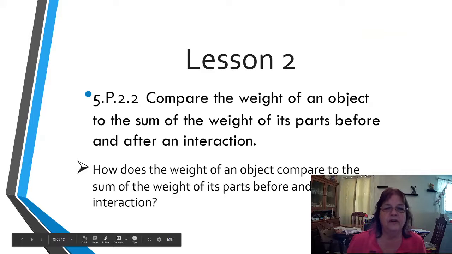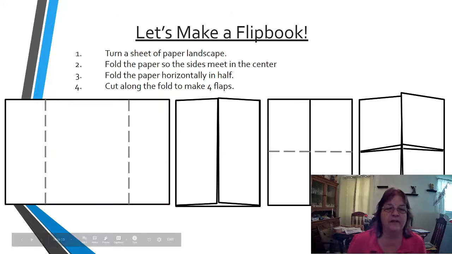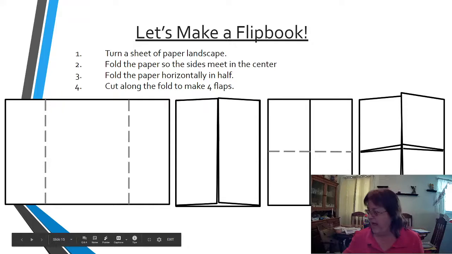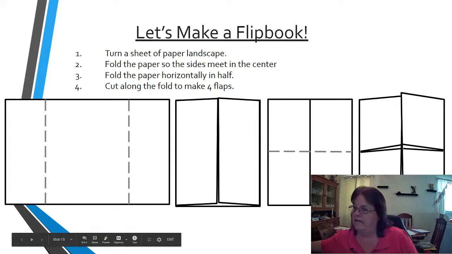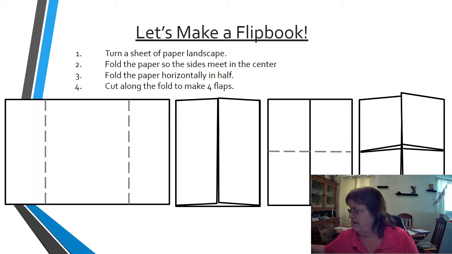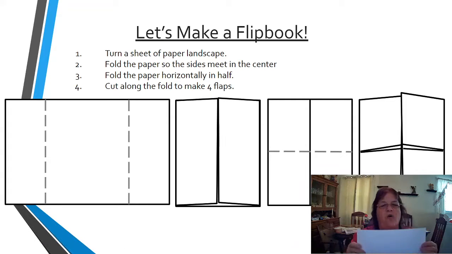Lesson 2. You're still comparing the weight of an object to the sum of the weight of its parts before and after interaction. We're going to do a flip book. You're going to fold the paper in half. You're going to take a full sheet, hold it like this, and then you're going to fold it inward to the middle section of the paper.